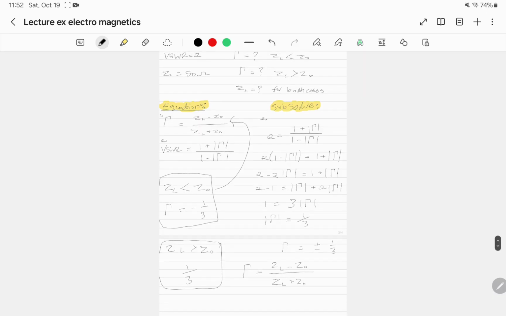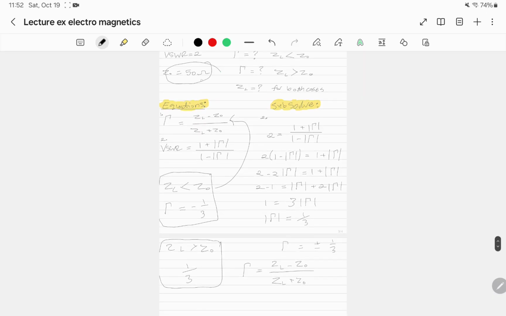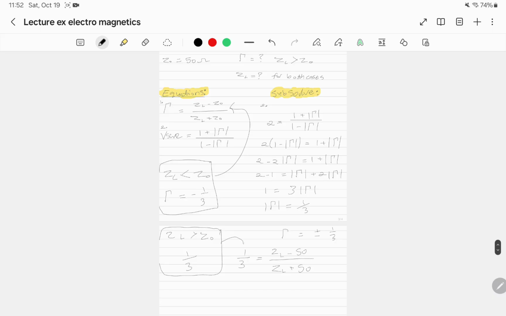I'm going to replace Z0 with 50. For the first case, I'm going to use 1 over 3, which is for this scenario.